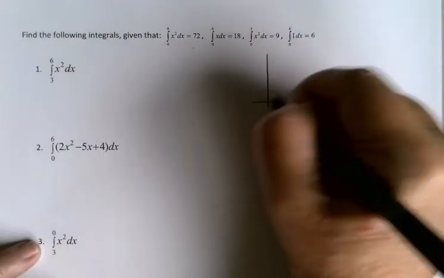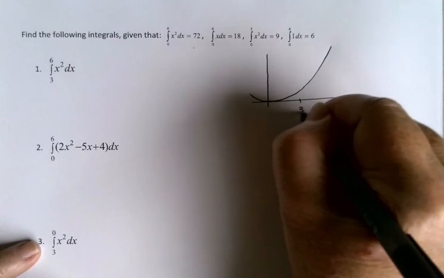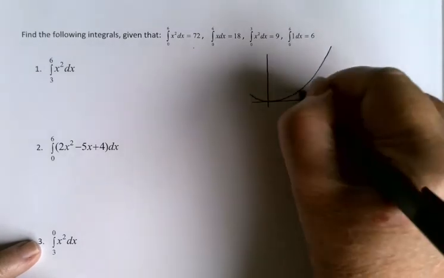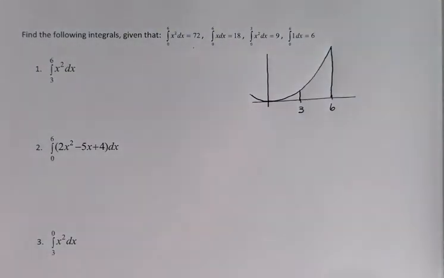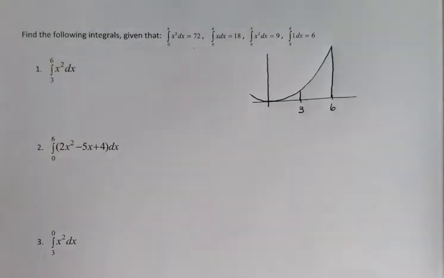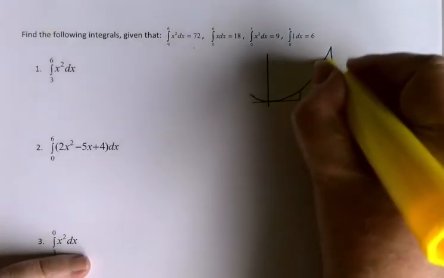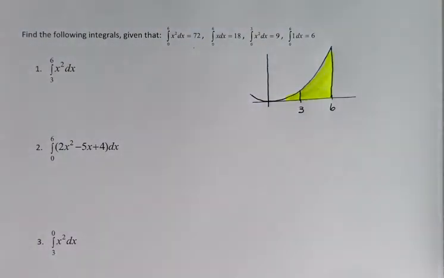So y equals x squared is just a parabola. Let's say this is 3 and this is 6. I've been told that all the way from 0 to 6, so this entire thing, has an area of 72.